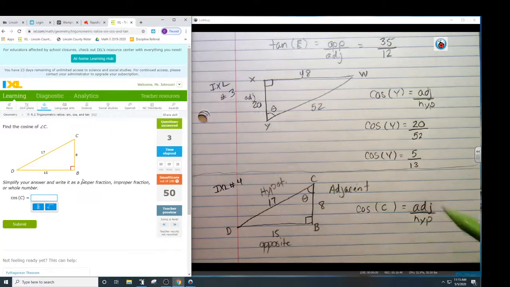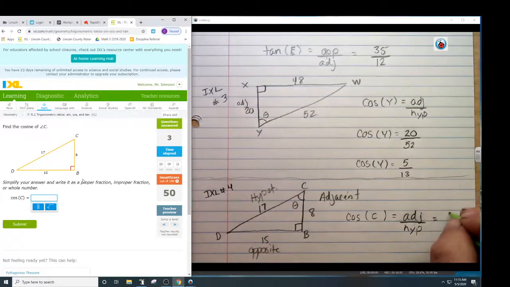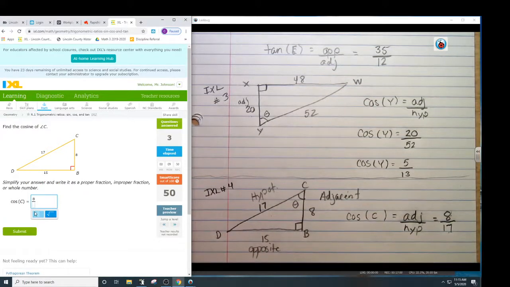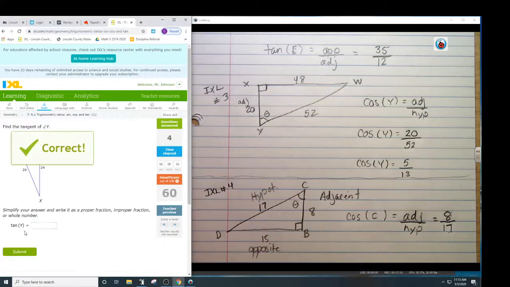So that's going to be 8. And then the hypotenuse is 17. And guys, looking at this, 8/17, 8 is not a prime number, but 17 is a prime number. That will not reduce. So that's going to be your answer there, 8/17. There you go.